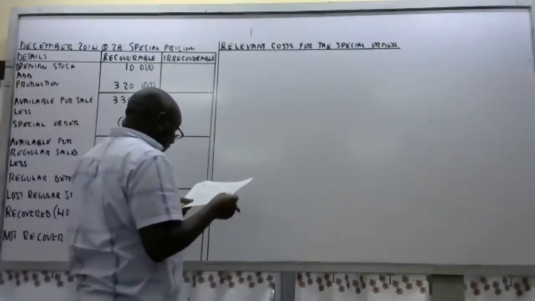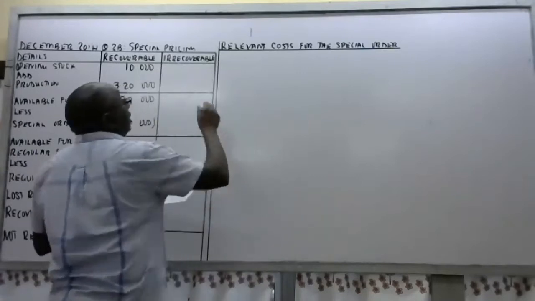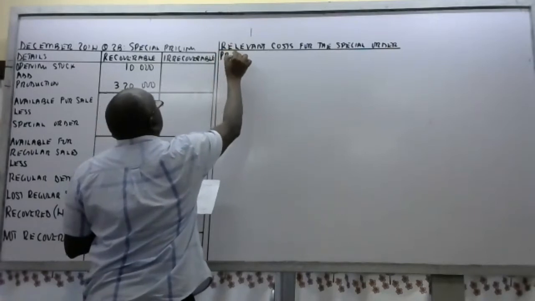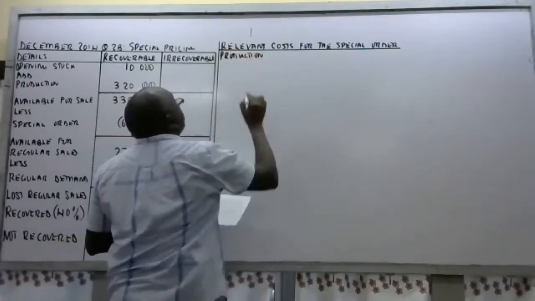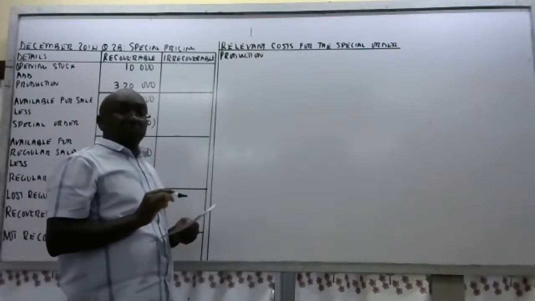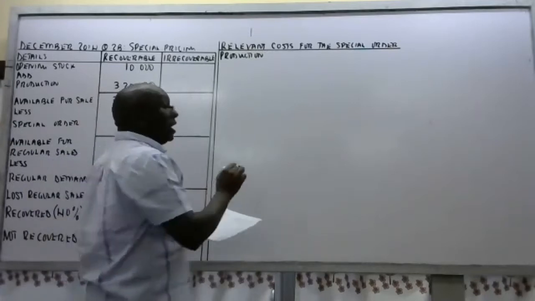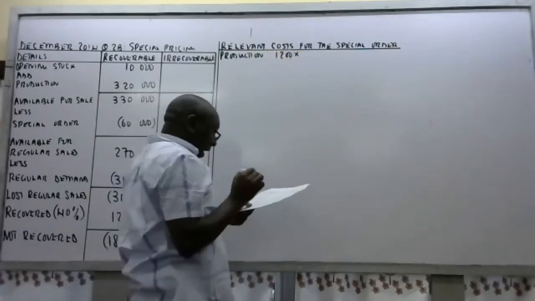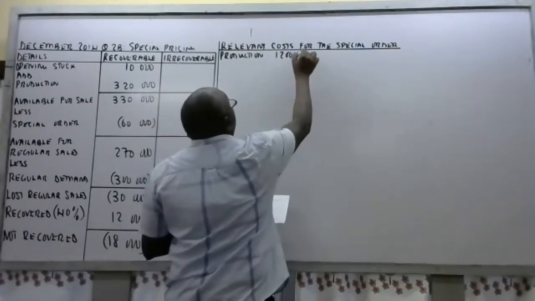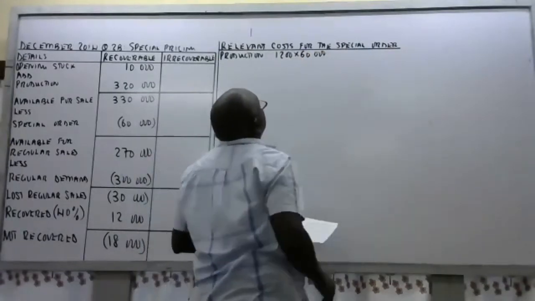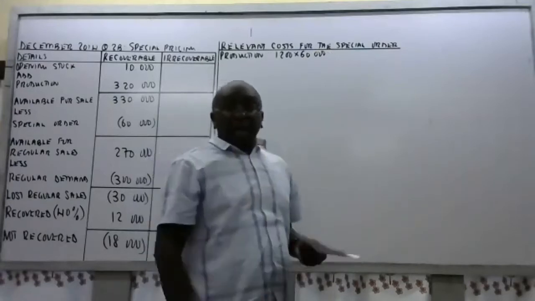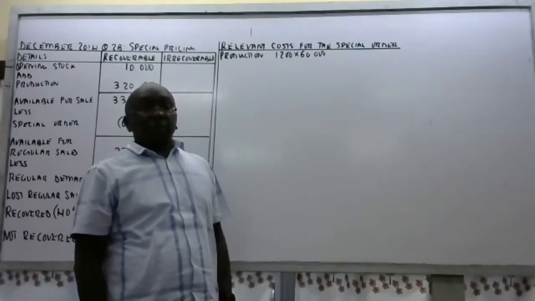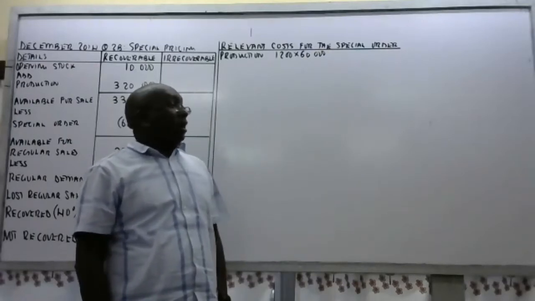The relevant cost for the special order, it is first of all production. So production, as you can see in the question paper, it is 1,200. So multiply by the special order, which is for 60,000 units. Multiply and give me the figure.